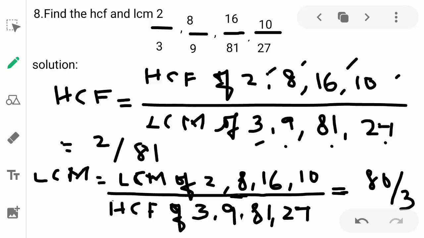When I simplify this, I am getting the answer as 2 by 81. Next, LCM equals LCM of numerators divided by HCF of denominators. When I divide it, we will get the answer as 80 by 3.